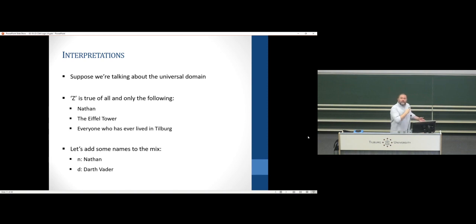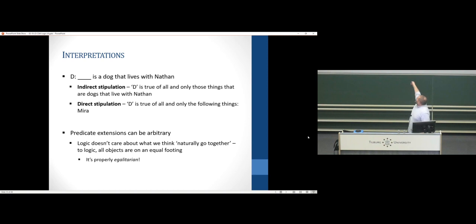When we're fixing extensions, you can go out and look, or you can just say it's these things. Importantly, that is the power when building interpretations: you can make the extensions be whatever you want. This is the replacement for simply assigning truth values to atomic sentences. We assign extensions to predicates.